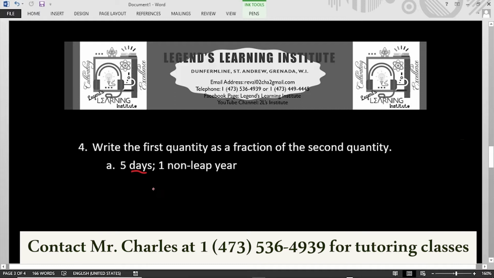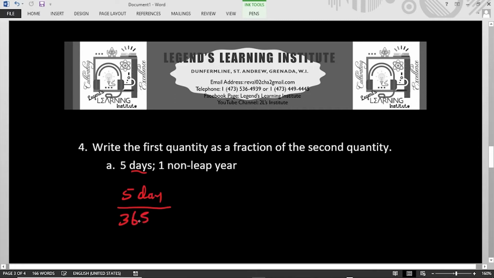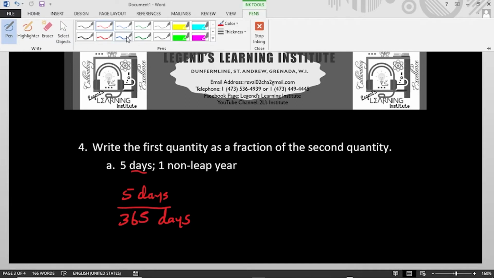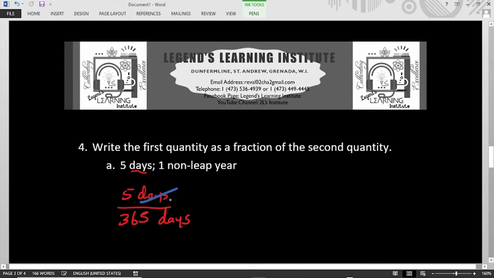So 5 days, we would have it as 5 days over 365 days, right? And the days would cancel days. 5 and 365 are both multiples of 5, so since they are both multiples of the same number, and the highest common factor between both of them is 5.